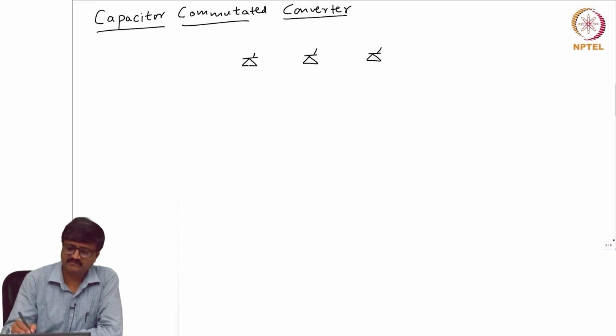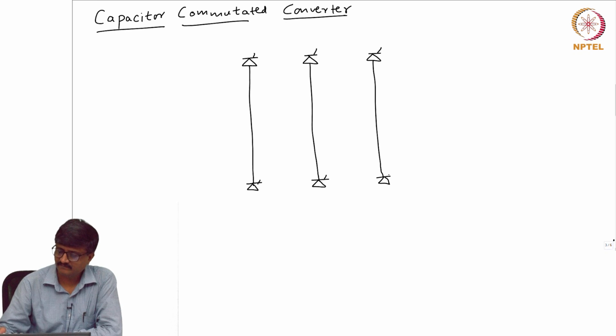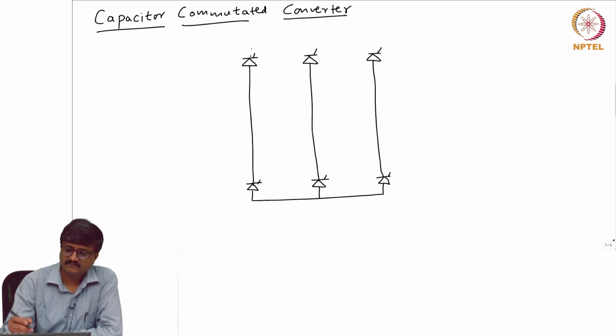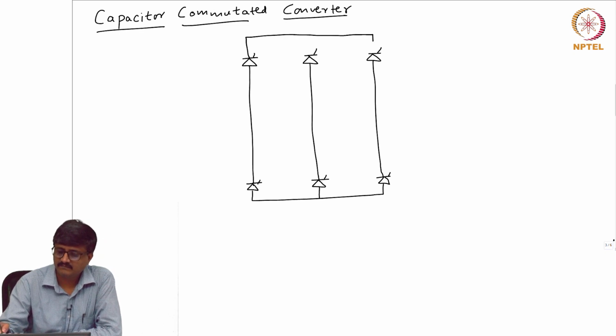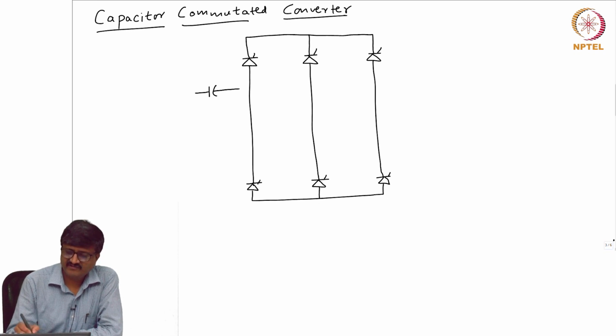I have 3 legs corresponding to the 3 phases of the AC side, and in each leg there are 2 thyristor valves. There is an addition of a capacitor in each phase on the AC side.